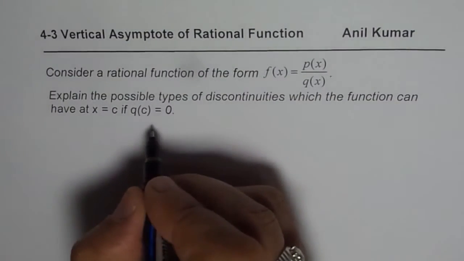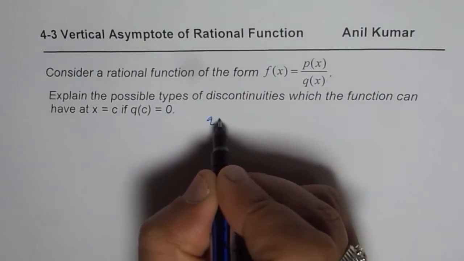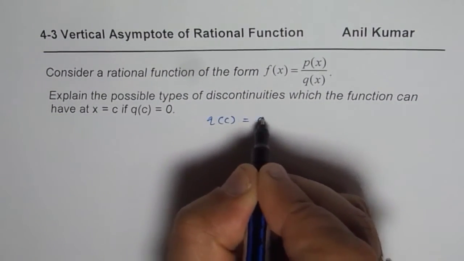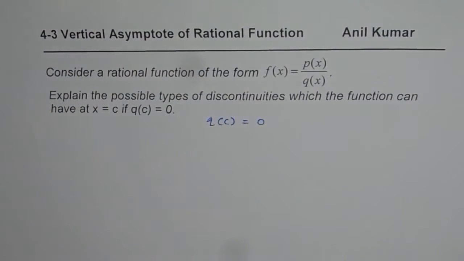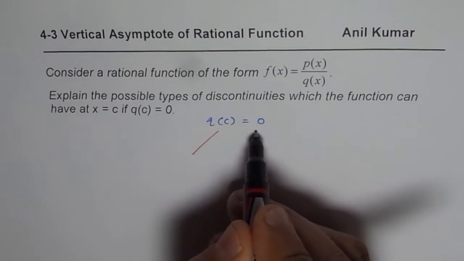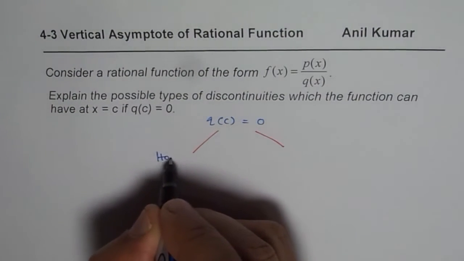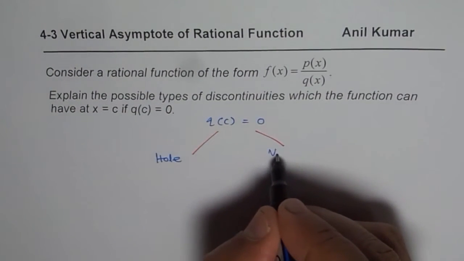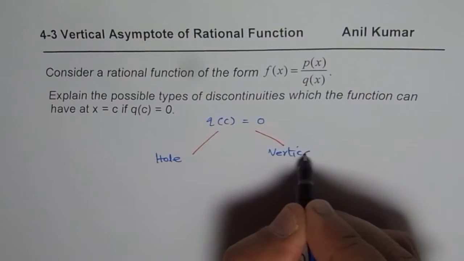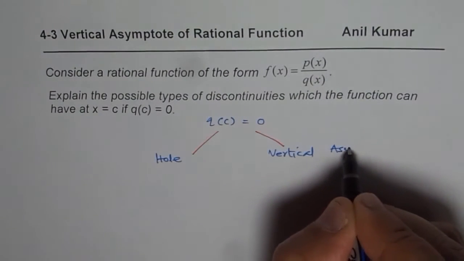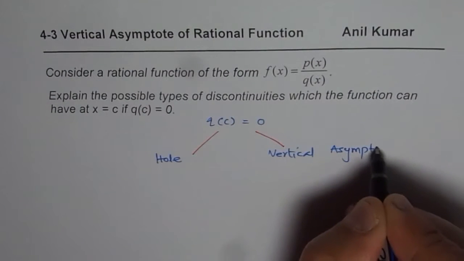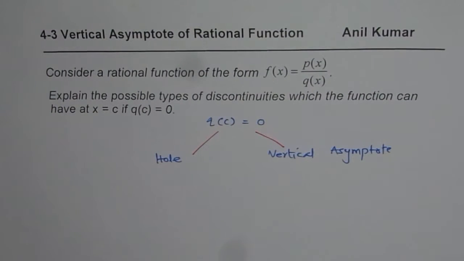Well, if q(c) = 0, then there are two possible discontinuities. One could be leading to a hole and the other could lead to a vertical asymptote. That is very important for you to understand.